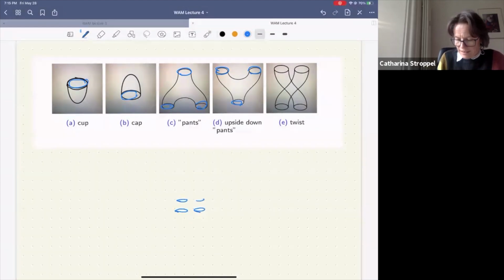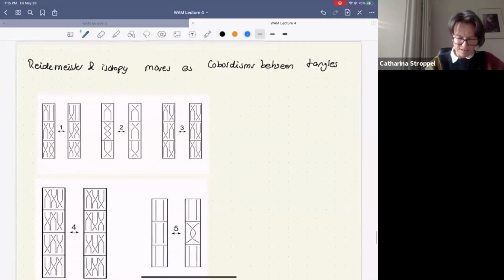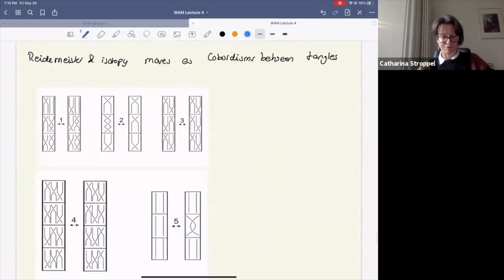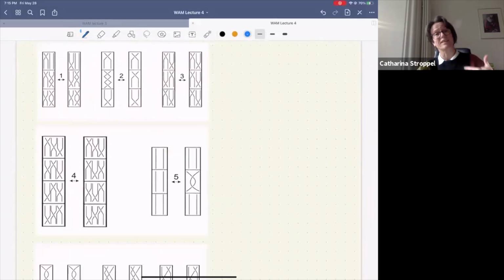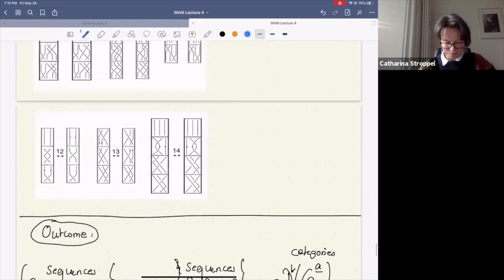Then it stays like this for a while, and suddenly it becomes one circle, and then it stays one circle. So it's like a movie move when you walk through. And these pictures here give you movie moves of surfaces going between these complicated tangles. And there's a list of movie moves which you have to check to get all the Reidemeister moves realized in terms of surfaces. And so this is a long list.